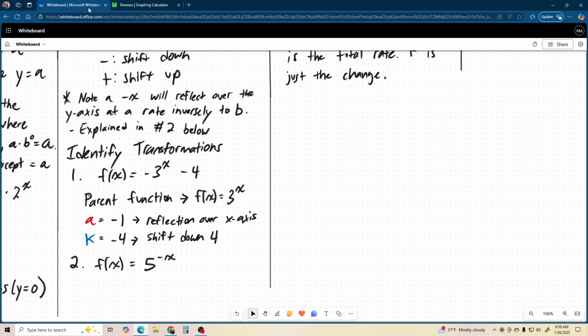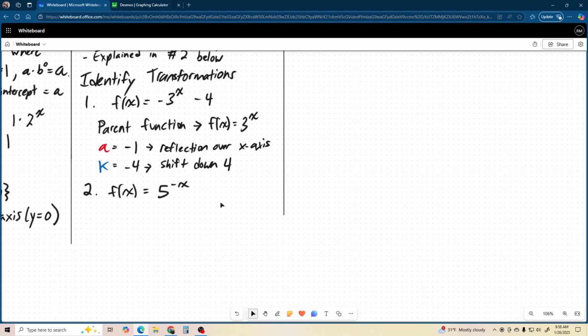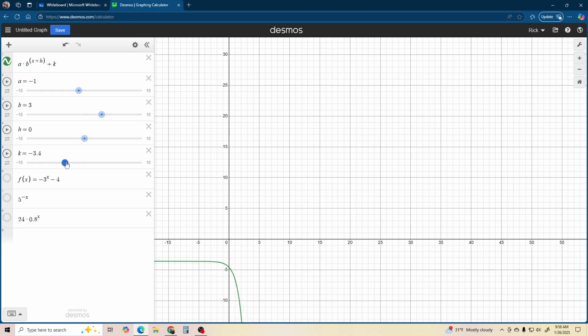Now let's talk about that concept I briefly mentioned earlier about the negative exponent, where x is negative. If we have f of x equals 5 to the negative x, let me show you that in graph form real quick. Let's reset these, because I'm going to use these to prove my point. We'll do b equals 2 for a second.